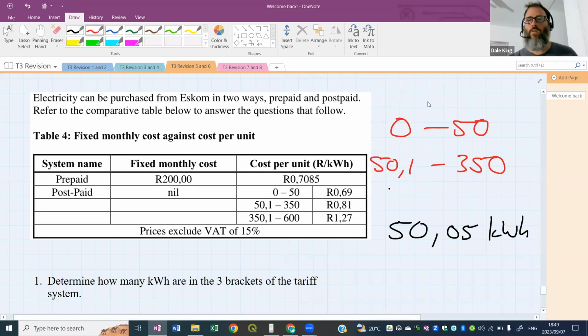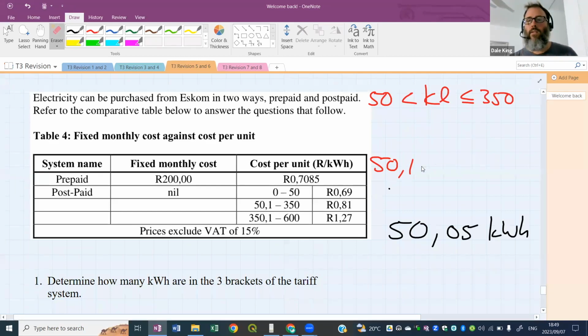The core maths way to do this properly would be to write it like this, all right? Core maths used to teach inequalities. So what this means is the kilowatt hours that are above 50, but less than or equal to 350. And then the next line would say 350.